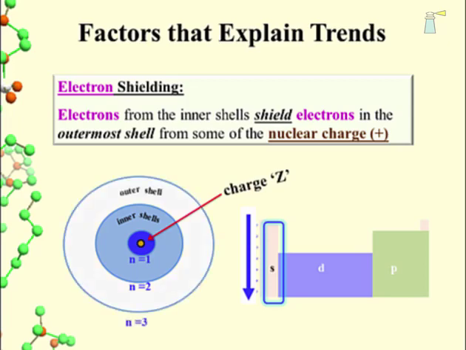This atom also has one outer shell, and that is not completely full. The electrons in shell n equals 1 and n equals 2 are closer to the positively charged nucleus and hide or obscure or shield some of that positive charge, such that the outer shell electrons feel less than the full nuclear charge.